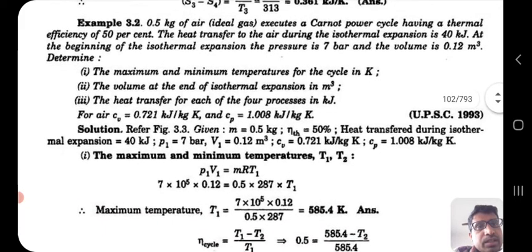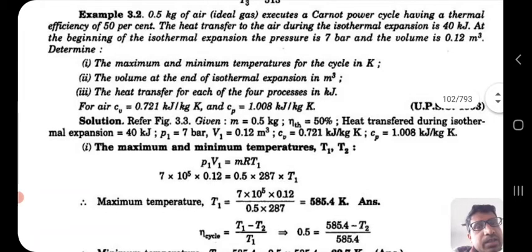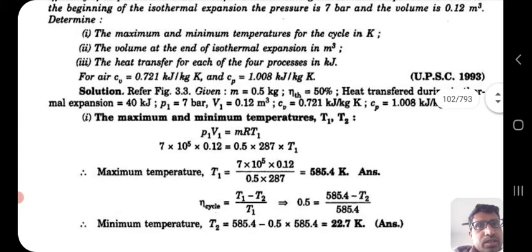0.5 kg of air, an ideal gas, executes a Carnot power cycle having a thermal efficiency of 50%. The heat transferred to air during the isothermal expansion is 40 kilojoule. At the beginning of isothermal expansion, the pressure is 7 bar and volume is 0.12 meter cube.